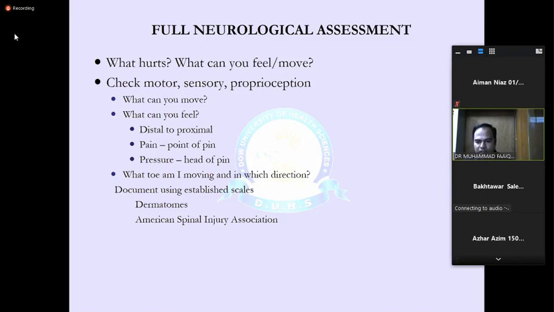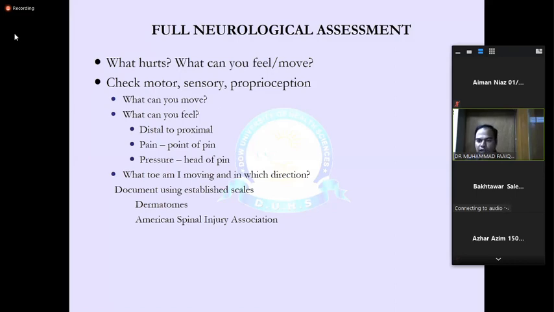Number three, then you give some very easy command to the patient. Very easy commands, like move your toes, or squeeze my finger. You give your finger in the patient's hand, and then give the command, kindly squeeze my finger.